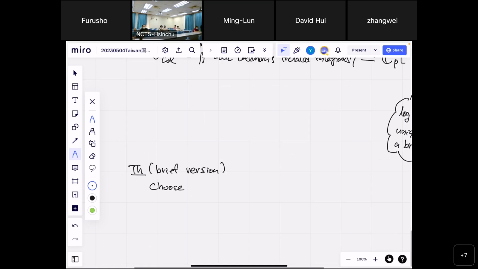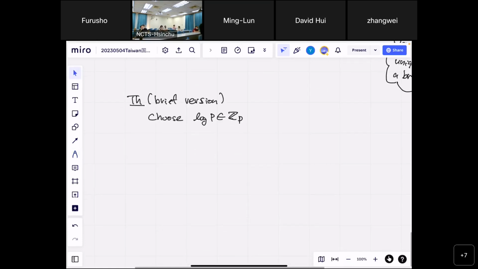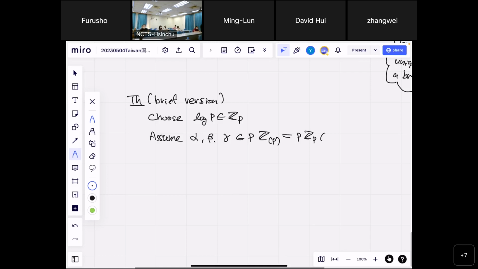Let's choose the branch of the p-adic logarithm to be a Cp, and assume a very technical condition: alpha, beta, gamma are elements of the localization at p, that is, rational numbers which are not divisible by p.